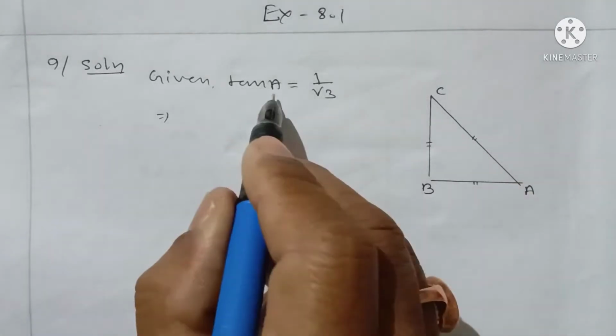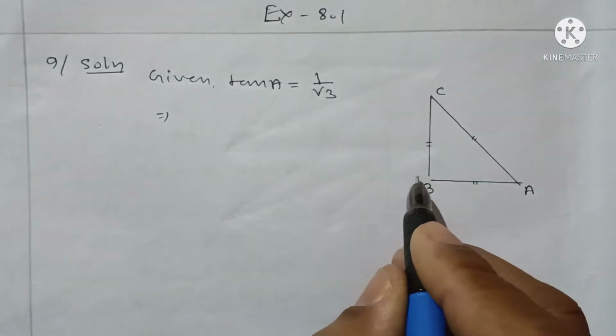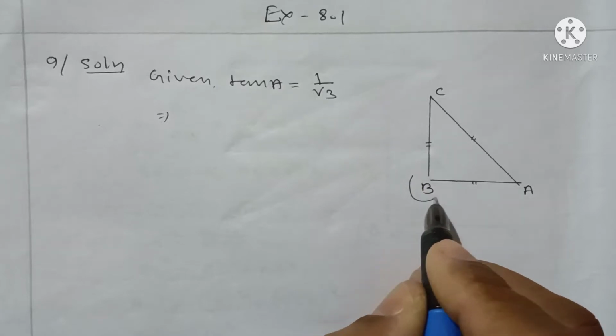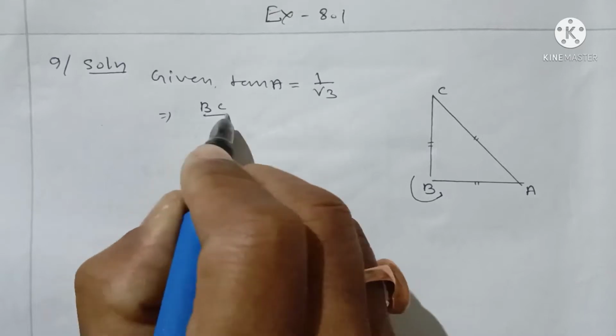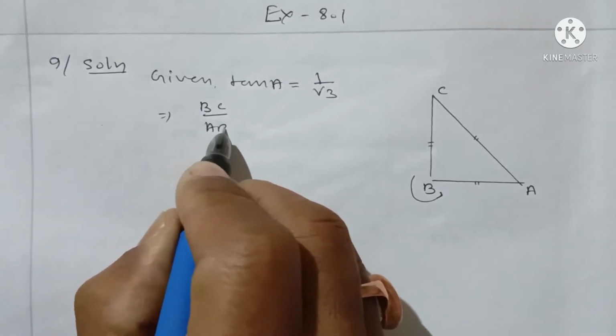Then tan A means what? Perpendicular by base. Perpendicular means BC, base means AB.